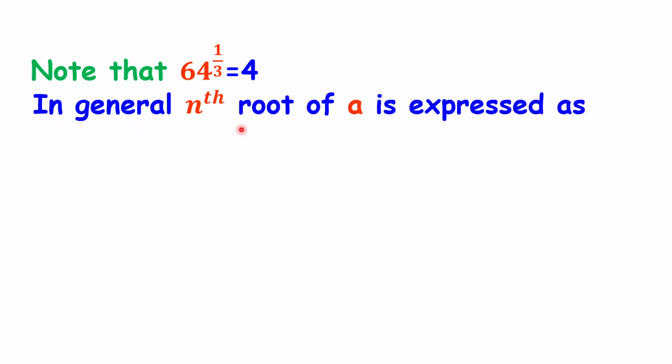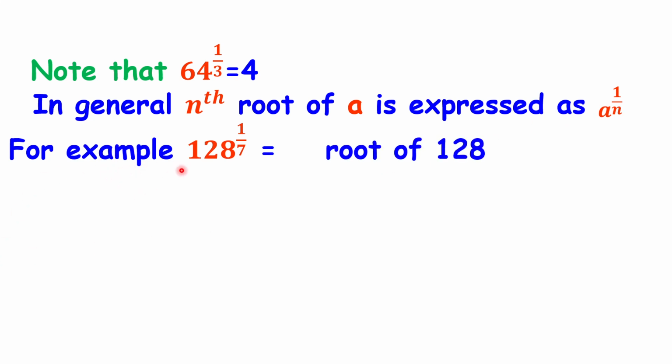In general, nth root of a is expressed as a raised to 1 upon n. For example, 128 raised to 1 upon 7. Here 128 is the base and 1 upon 7 is the index in rational form, means in fraction form, and 7 is the denominator of the fraction.